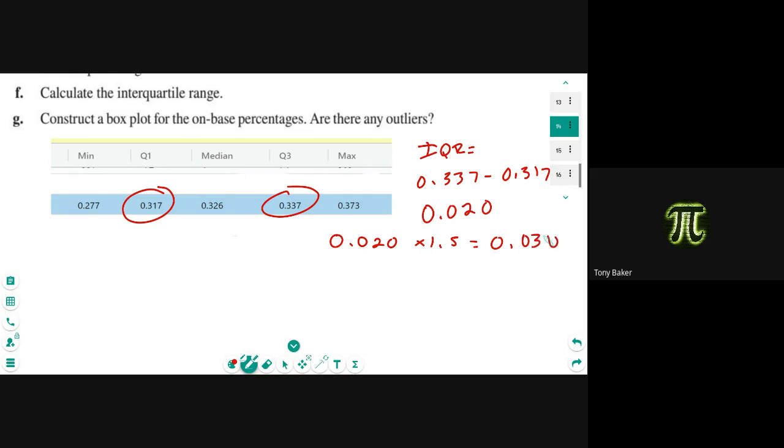Okay, so now I'm going to subtract that from Q1, minus 0.030. And what do you get?